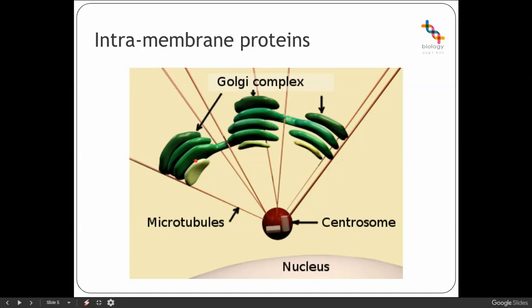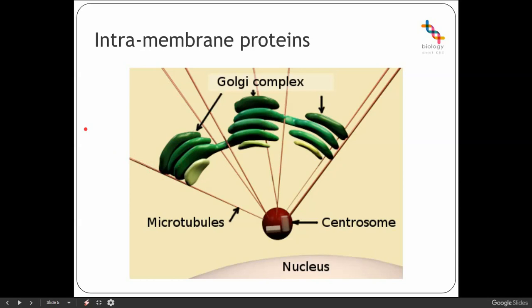What the vesicle does in this case, rather than floating off to find a plasma membrane over here somewhere, is fuse with these long strands which are running through the cell, and these are referred to as microtubules. When that's the case, the vesicle moves along the microtubule almost like a train moving along a track until it reaches its appropriate destination.